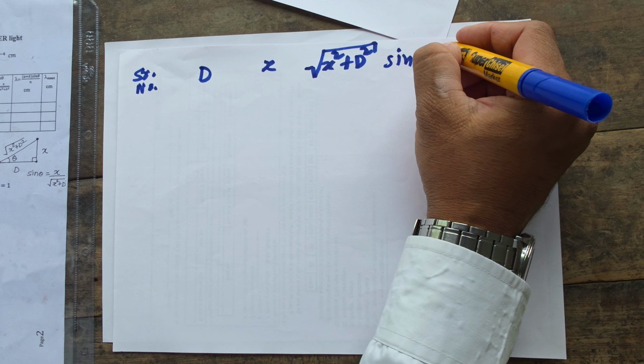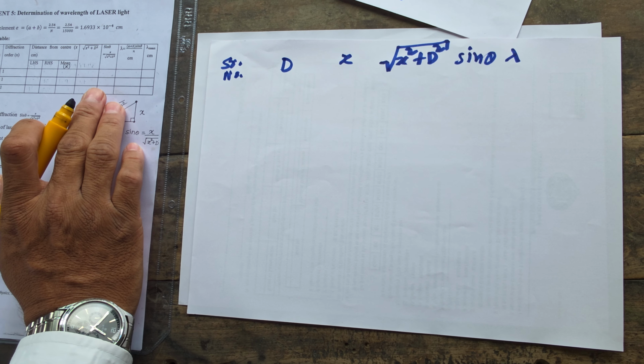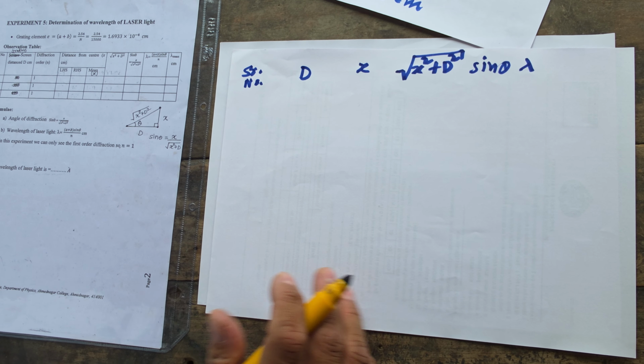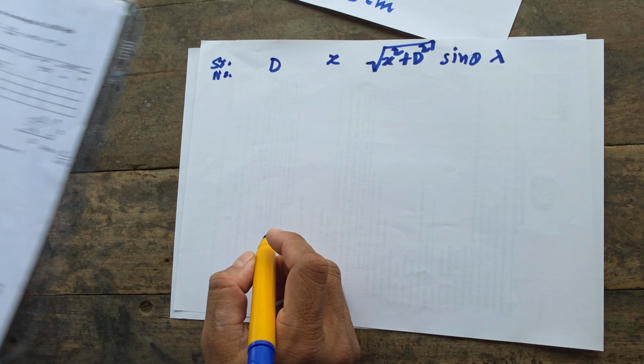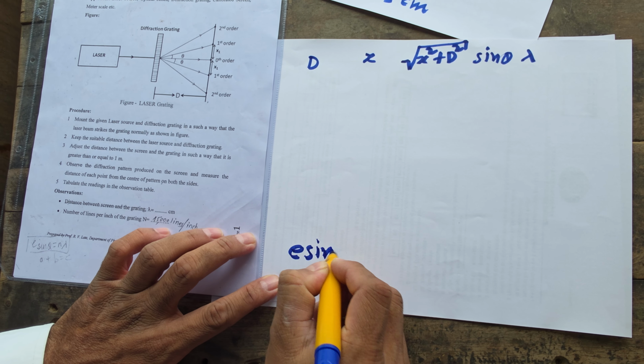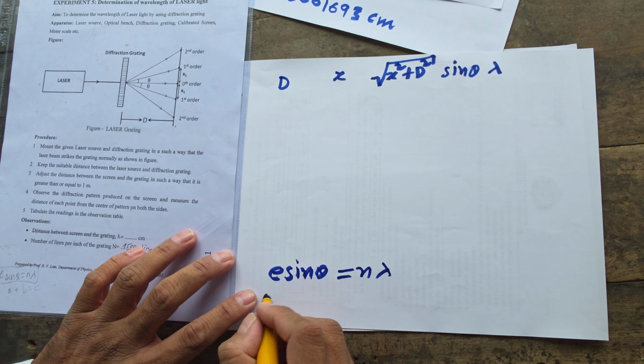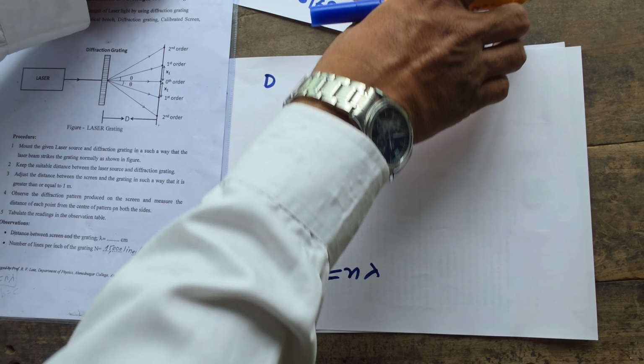And then we have the formula for lambda, which is E sine theta divided by N. So the formula is small e sine of theta is equal to N lambda. Now in our case, this E we have already calculated.